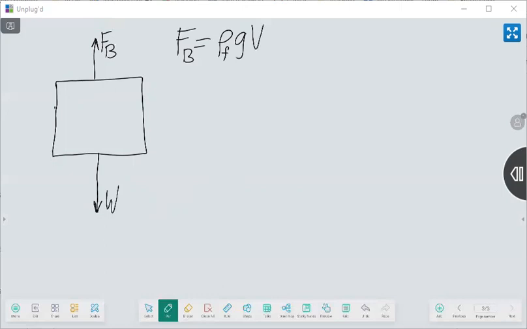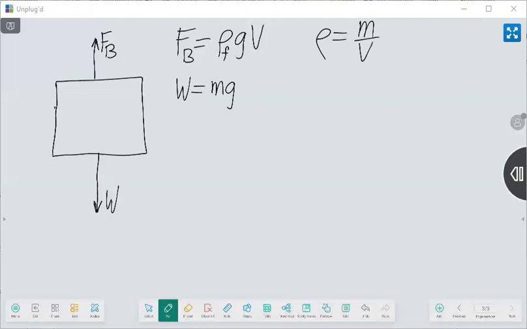So the weight of the object is pulling it down. The weight is equal to the object's mass times G. We can also say that mass is the object's density multiplied by its volume, because we define density as mass over volume.